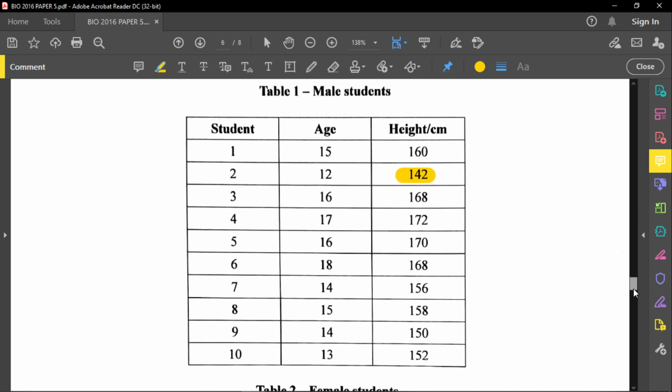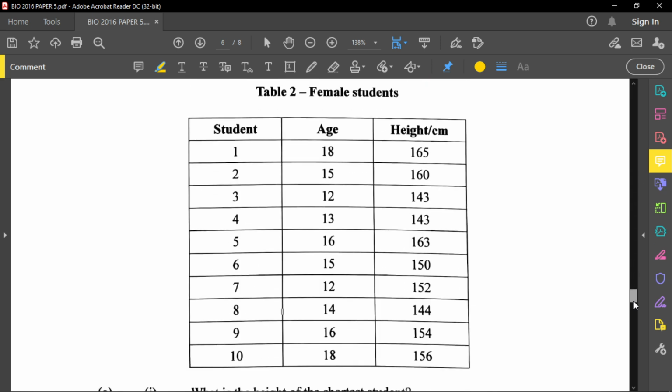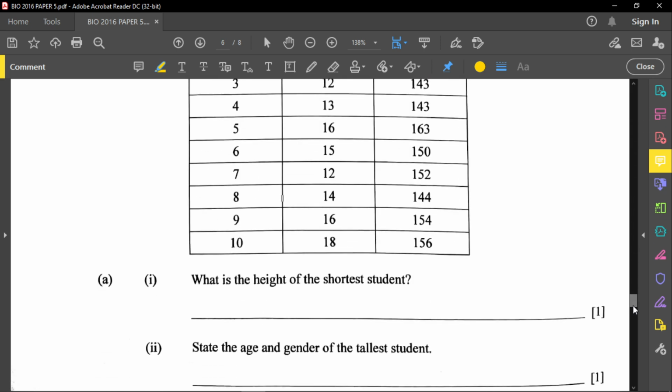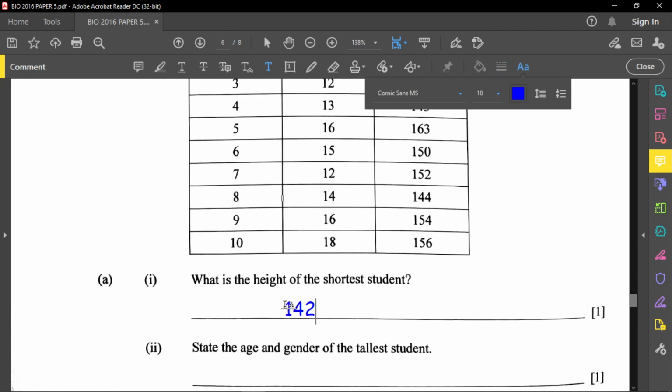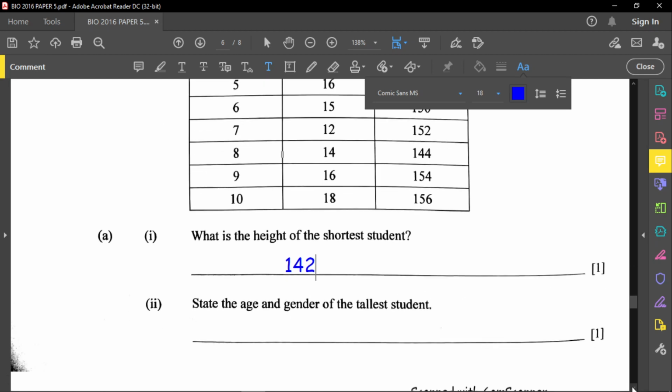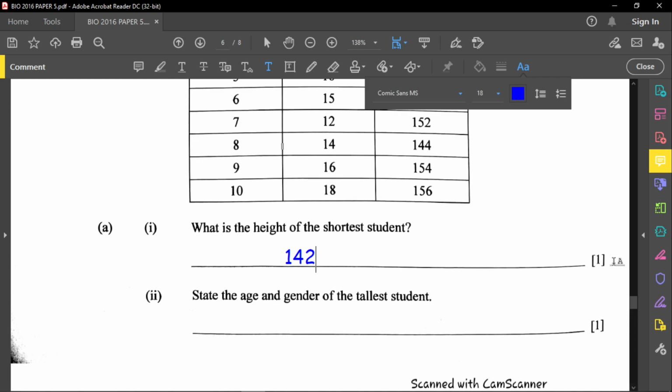Let's go down to the question. So the shortest height of a student here is 142. The next part of the question asks us to state the age and gender of the tallest student. Let's scroll through real quick and see what number we get as the tallest.